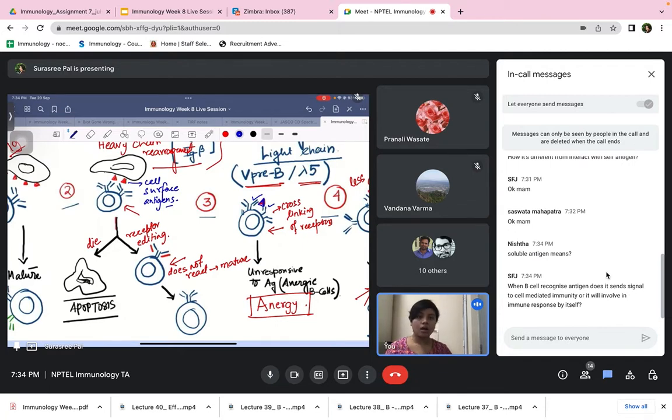We were discussing neutralization, opsonization, and also there can be other events where the B cell will deliver its antigen, where it can work as an antigen presenting cell also, right? And it can deliver its antigenic peptide to the T helper cells, where the T helper cells will again function in stimulating the immune response. So there can be multiple pathways by which the B cell will try to eliminate that pathogen.